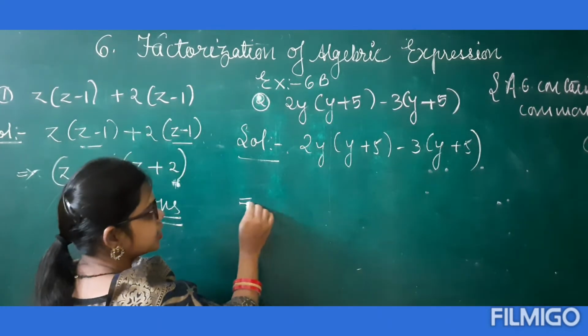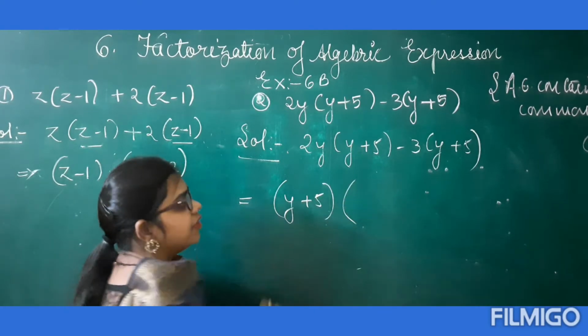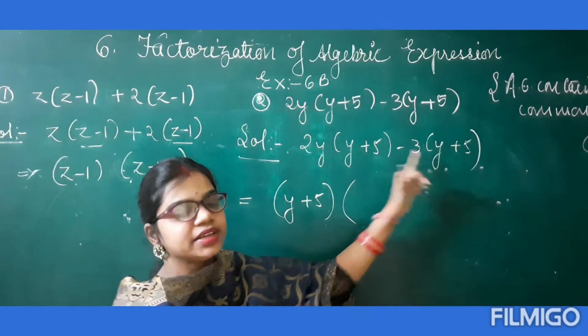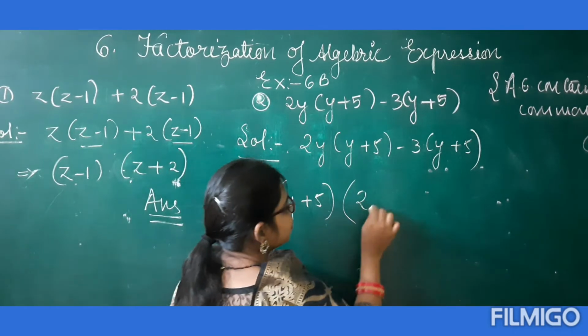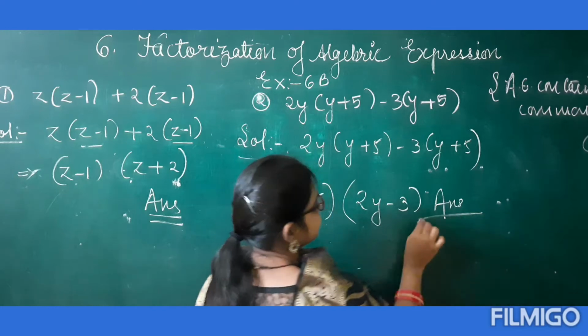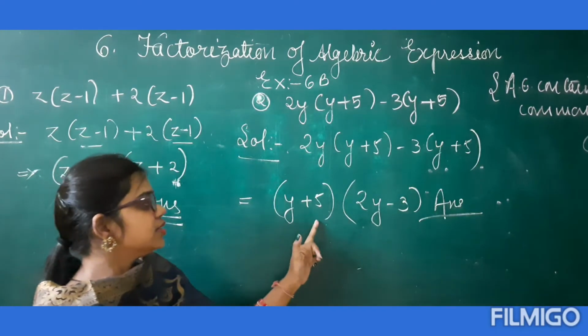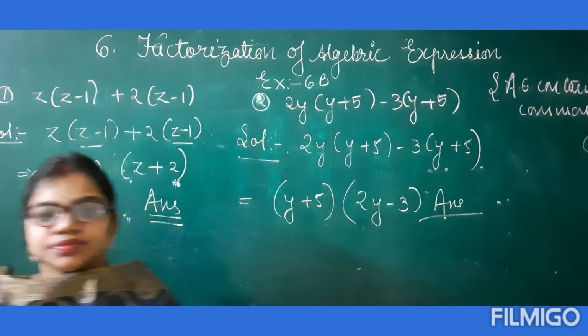So I have to write down y plus 5 as the common term, and after writing the common term, what is remaining here? 2y minus 3. So just write down here 2y minus 3, and this will be the answer: y plus 5 and 2y minus 3. Isn't it easy?